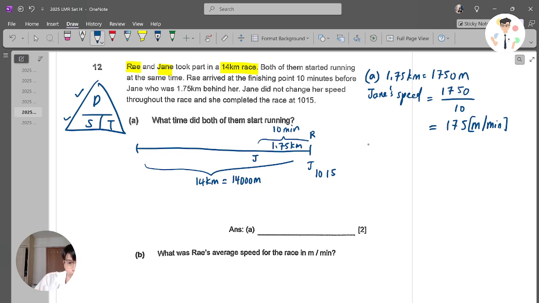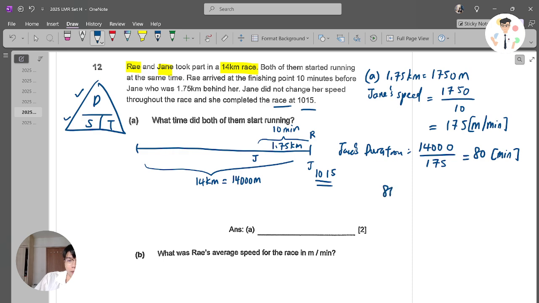So Jane's duration or time is distance 14000 divided by speed 175, and I know it's actually 80. So means that Jane takes 80 minutes to run everything, and she completes the race at 10:15.